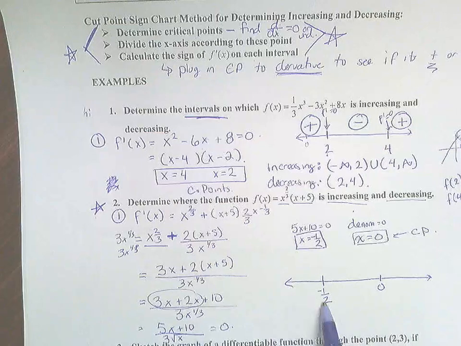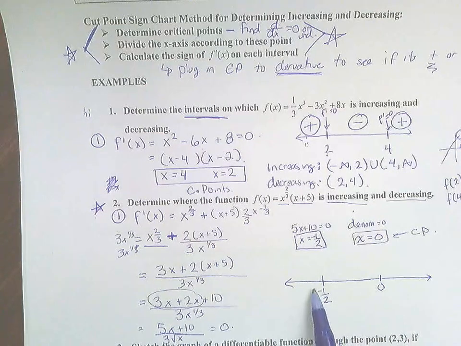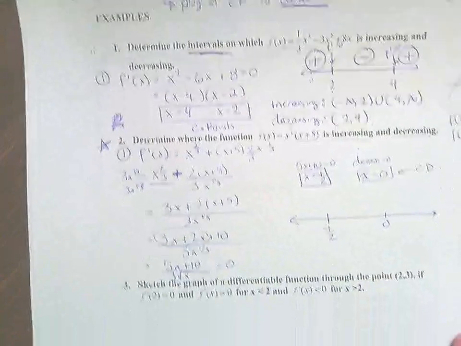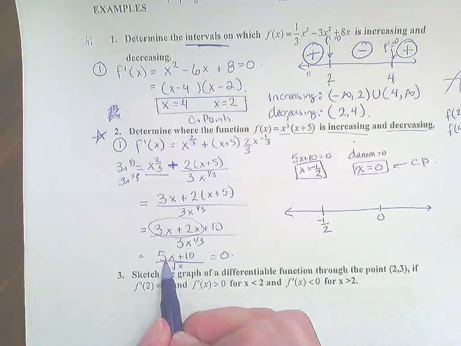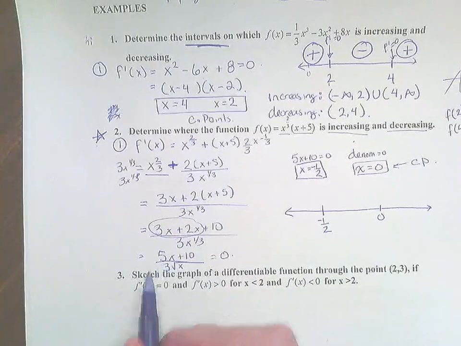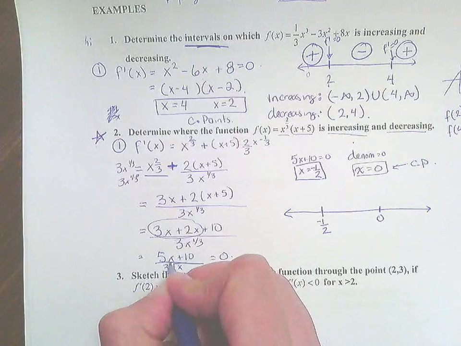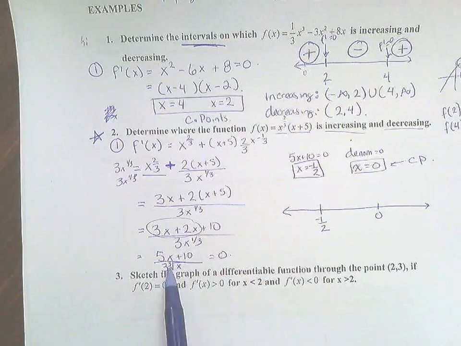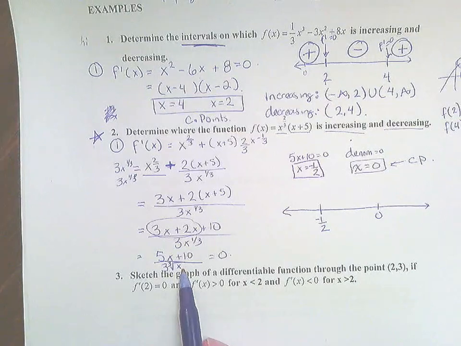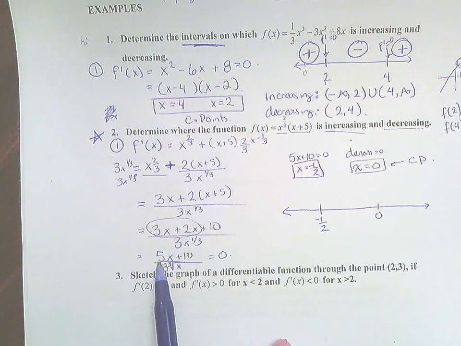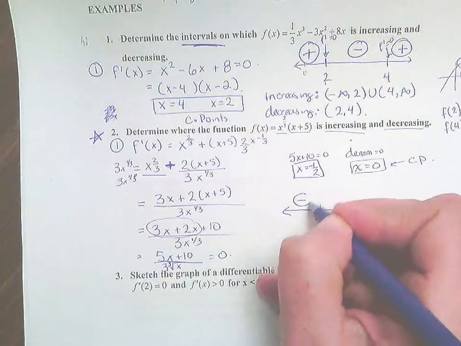So if I plug in something less than negative 1/2, negative 1, I'm going to end up with, oh, and this is supposed to be cube root, sorry, cube root of x, because if it was square root, then that's all undefined. But if I plug in negative 1 into this problem, so 5 times negative 1 plus 10, over 3 times the cube root of negative 1, which is negative 1, I end up with a negative answer.